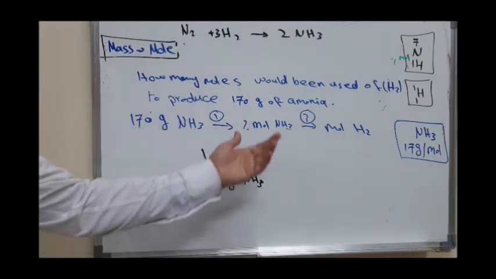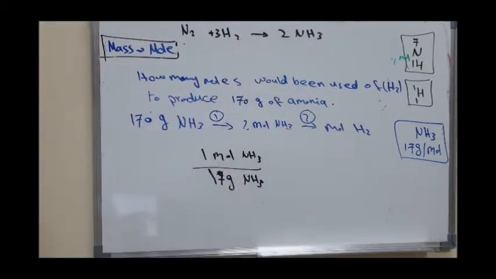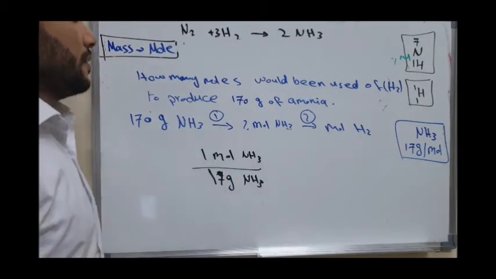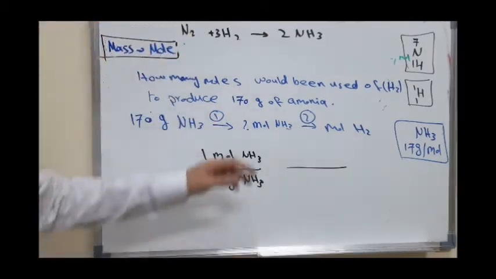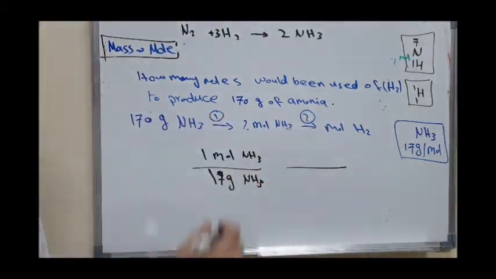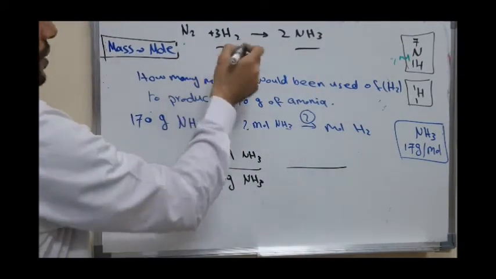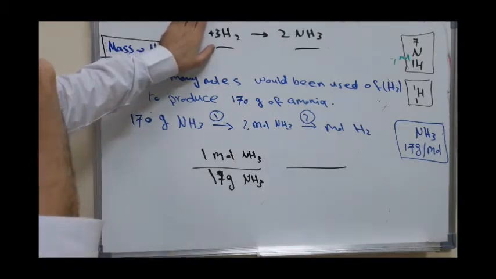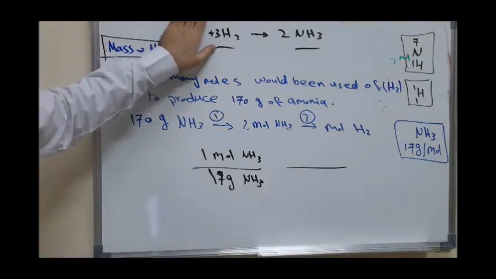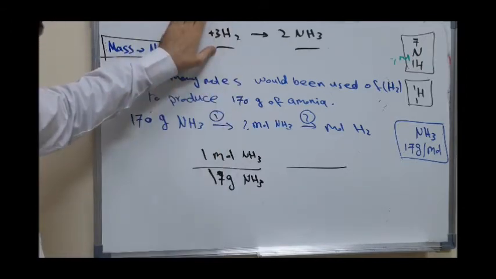In the second step, if we want to convert moles of ammonia to moles of hydrogen, we use the chemical equation. In the chemical equation, we will ignore nitrogen in this case, and write the suitable conversion factor between hydrogen and ammonia.